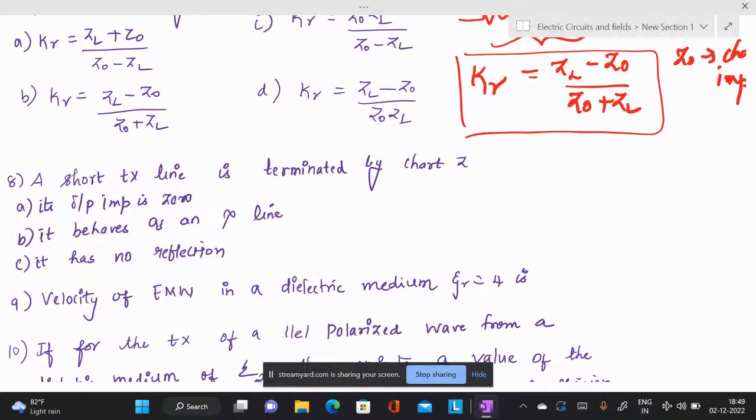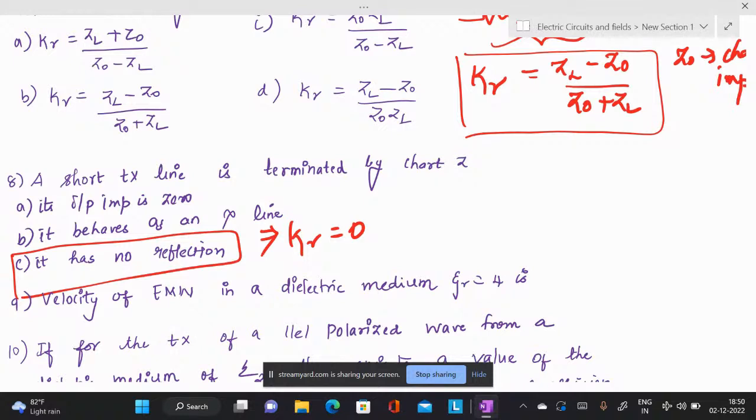So when a transmission line is terminated by an impedance, there will be no reflection, which denotes the reflection coefficient is 0 if the line is terminated by characteristic impedance. Is it clear? Shall we move on to the next problem?